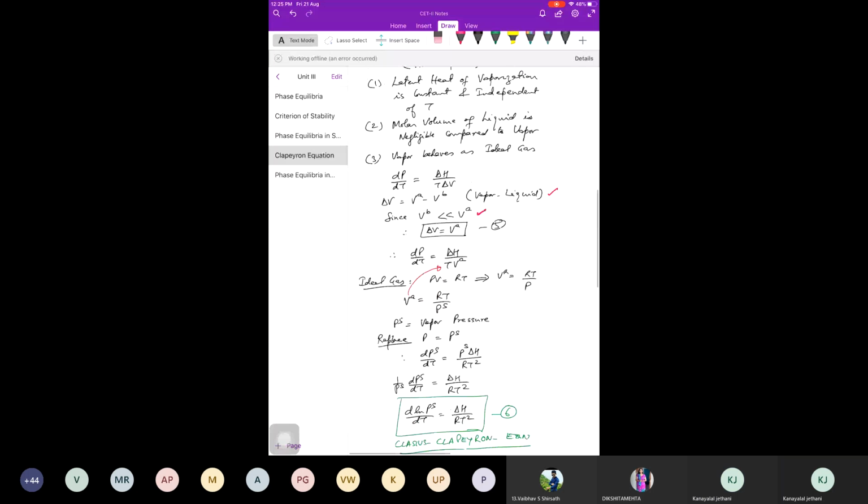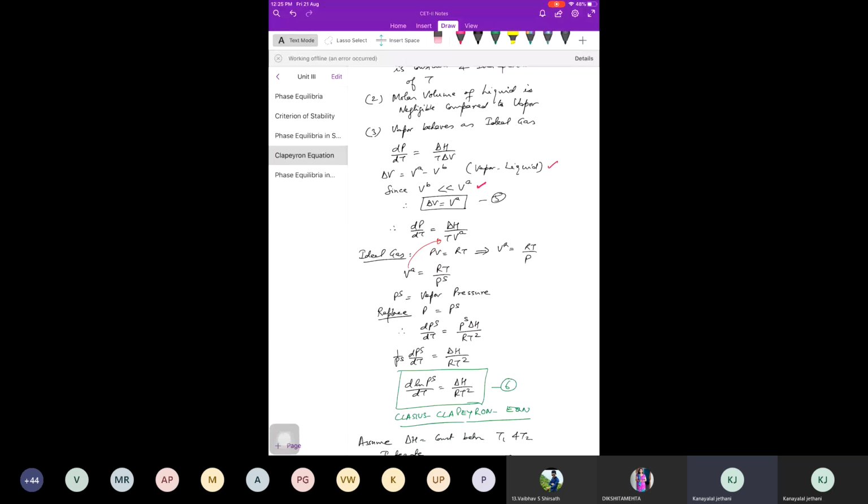Okay. So if you bring PS on the left hand side, we get 1 upon PS dPS by dT equal to delta H by RT square. And we can write this as d ln PS, combining these two. We get d ln PS by dT equal to delta H by RT square.